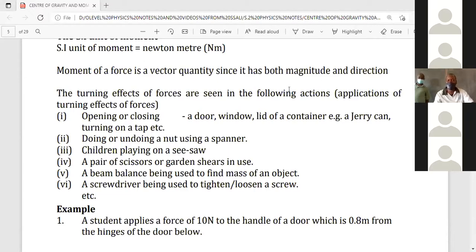Moment of force is a vector quantity since it has both magnitude and direction.